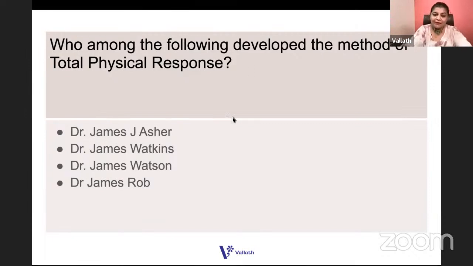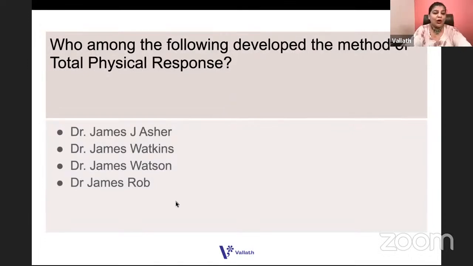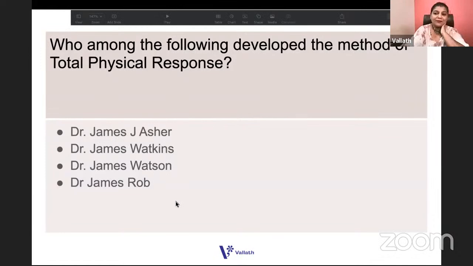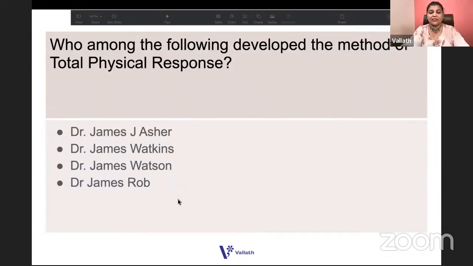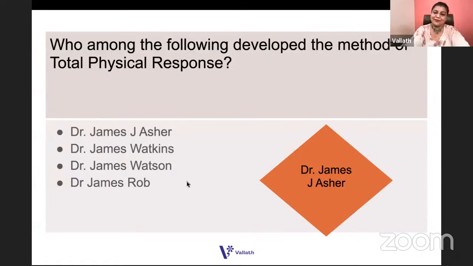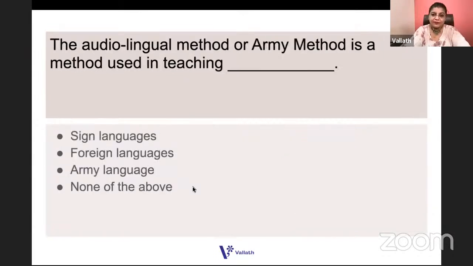Is it Dr. James J. Asher, James Watkins, James Watson, or James Robb? It is the American psychologist and linguist James J. Asher who developed TPR, total physical response.